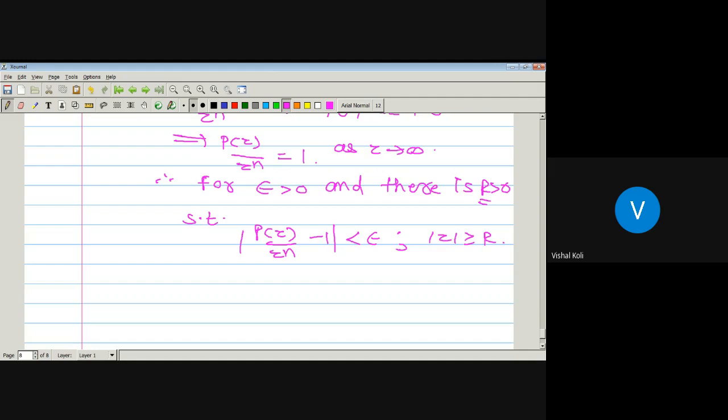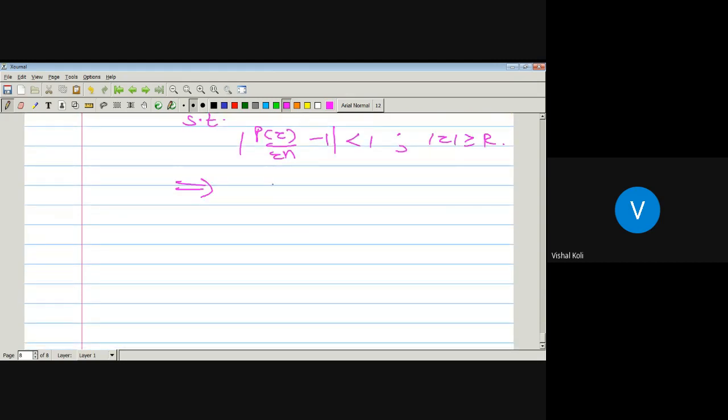Here we will take epsilon as 1, since we can take any epsilon greater than 0. Then it is strictly less than 1 whenever modulus of z is greater or equal to R, which implies modulus of p of z minus z raised to n is less than modulus of z raised to n on mod z greater or equal to R.